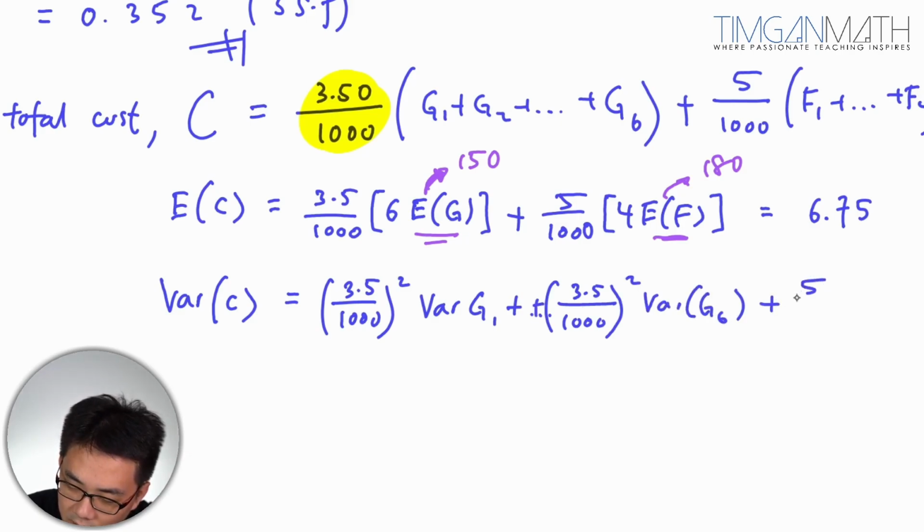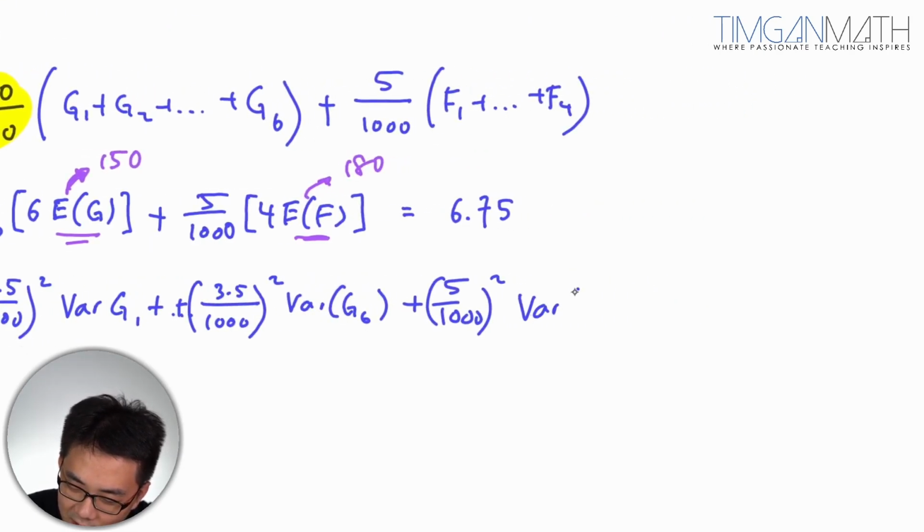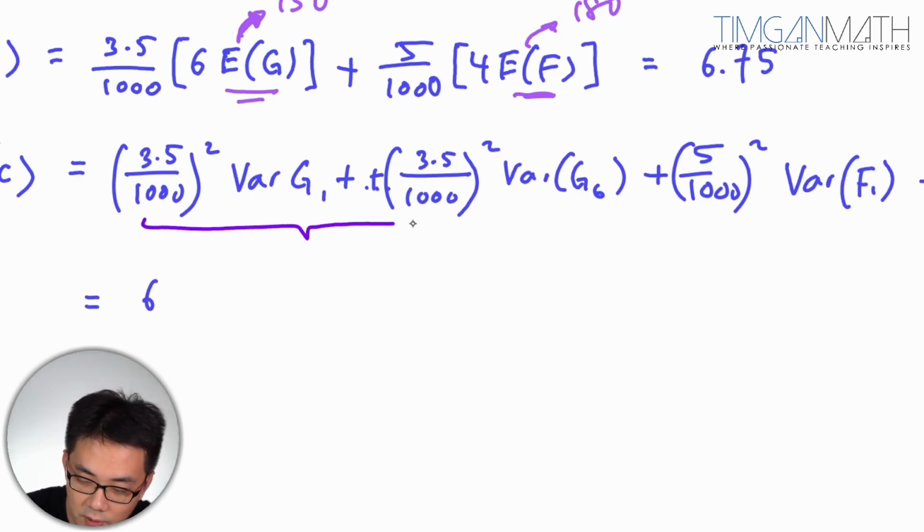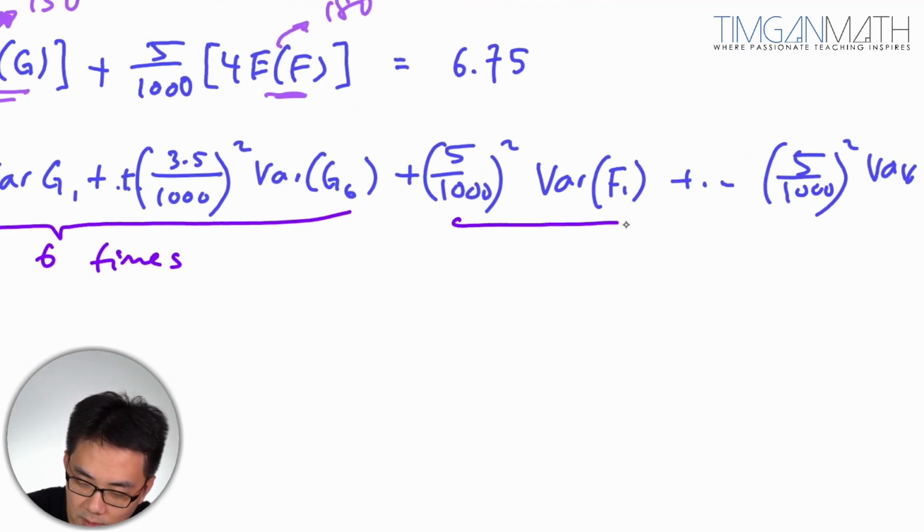And this case will be 5 over 1000 squared times variance of F1 all the way to variance of F4. There's a lot of things to write. Then basically what we need is 6 times variance of G, and here it is 4 times.